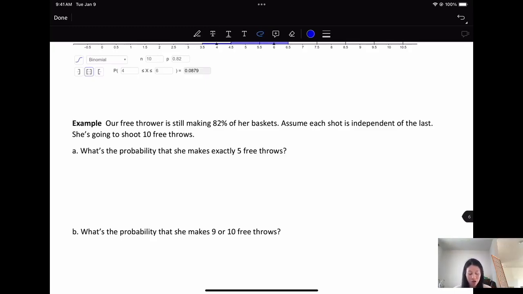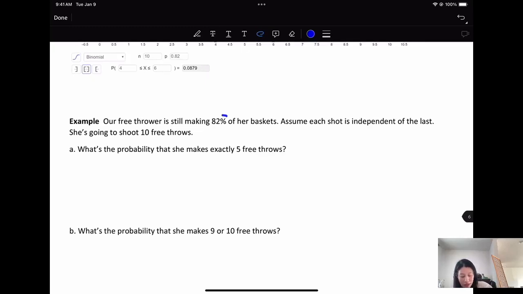For each throw, she's making an 82% success rate. Assuming that each throw is independent of the last one, and you only have 2 outcomes, either success, you made that free throw, or you lose it, you didn't make it. So that means this is going to be a binomial distribution.